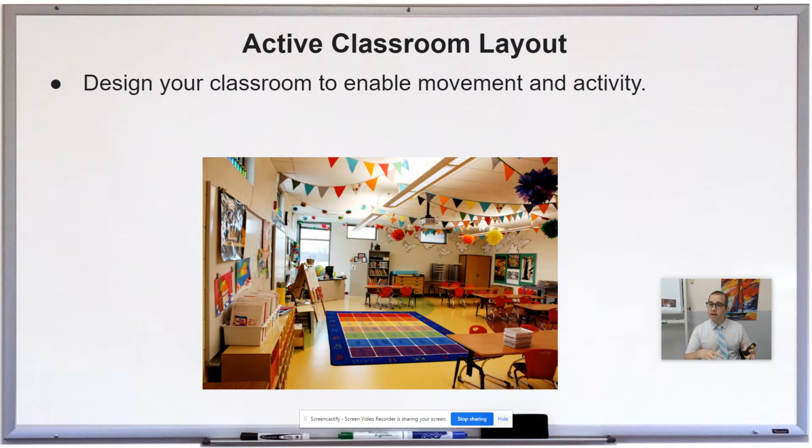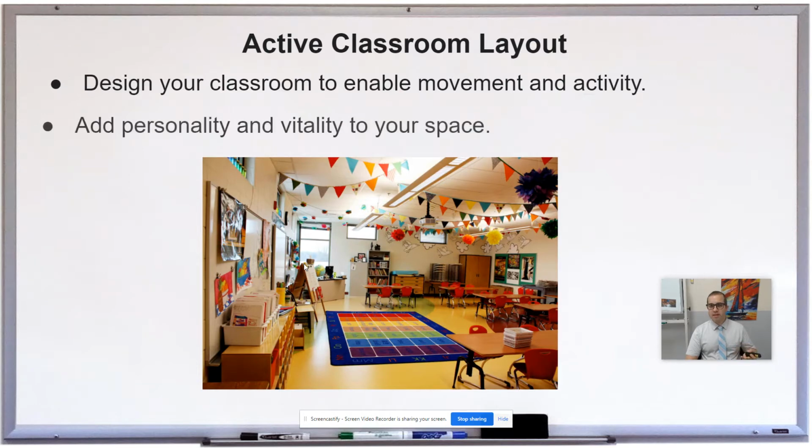This could be as simple as a side aisle of the classroom or a middle aisle that is cleared to give you a little bit of room. And you can use that aisle for movement. If not that, students can stand at their chairs and do physical movement there.